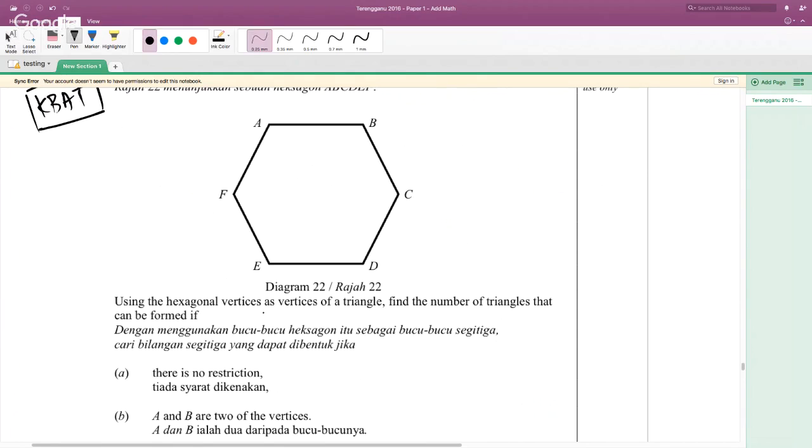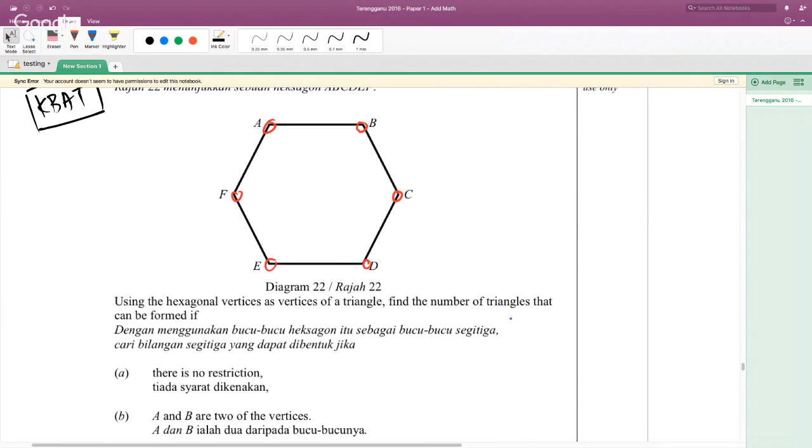Using the hexagon vertex as the vertex of triangle means you have to use all the corners here. This is what they call a vertex. As the vertex of the triangle, so use these corners to form the triangle. So find the number of triangles that can be formed. So you want to know how many triangles all these vertices can form.